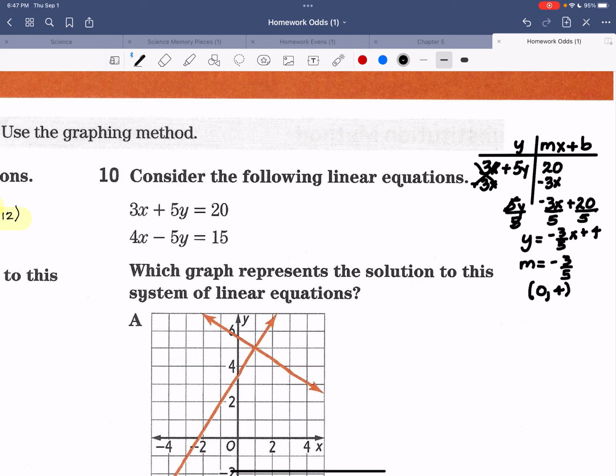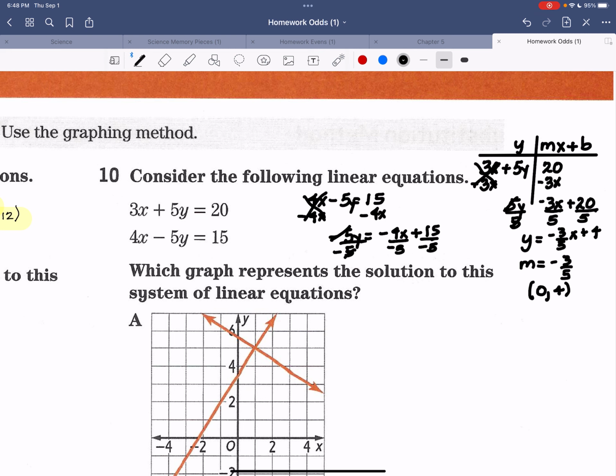And then the other one is going to be 4x minus 5y is 15. So I'm going to move the 4x over to this side. And I'm left with negative 5y equals negative 4x plus 15. Divide all terms by negative 5.